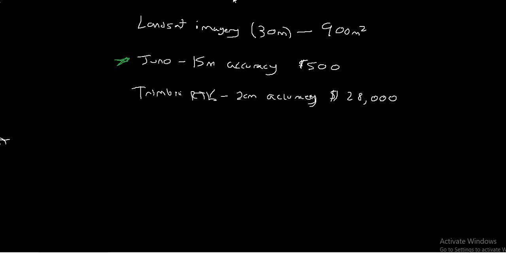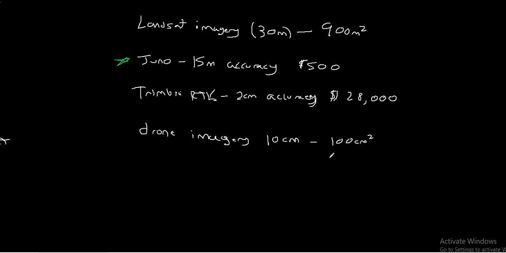But let's take a different example. Let's say that you're working with drone imagery, which has a spatial resolution of 10 centimeters, or its pixel size now would be 100 centimeters squared.